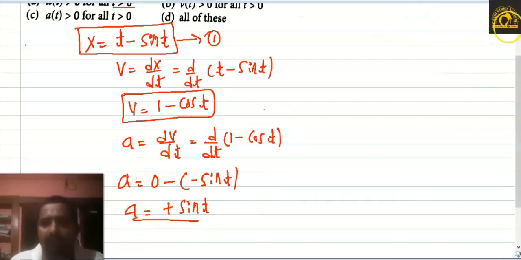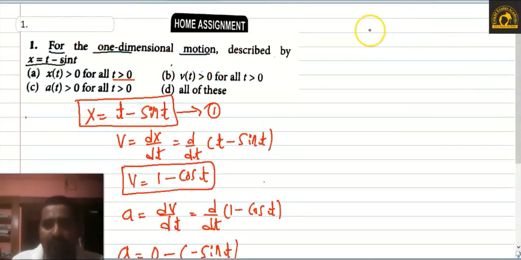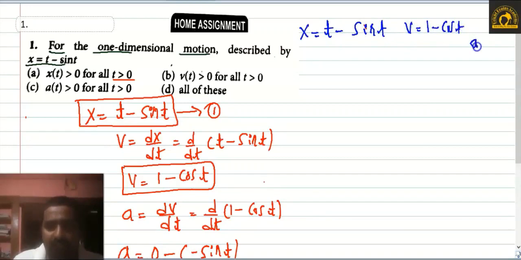So now finally we get the answer: x is equal to t minus sine t, then v is equal to 1 minus cos t, then a is equal to sine t.